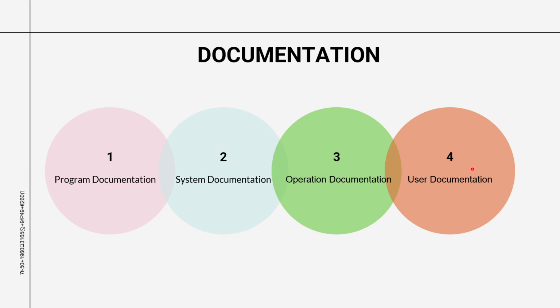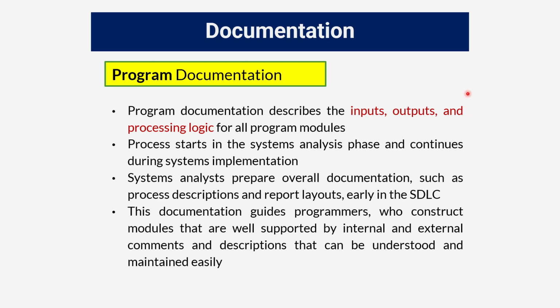So there are four types of documentation: first program documentation, second system documentation, third operation documentation, and lastly user documentation.